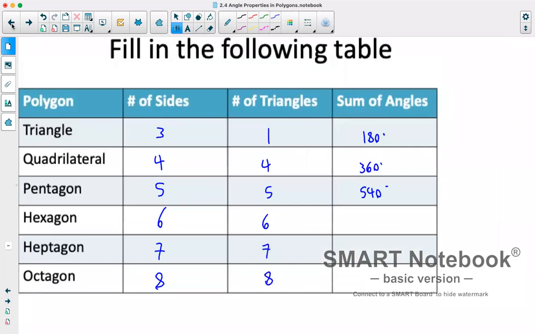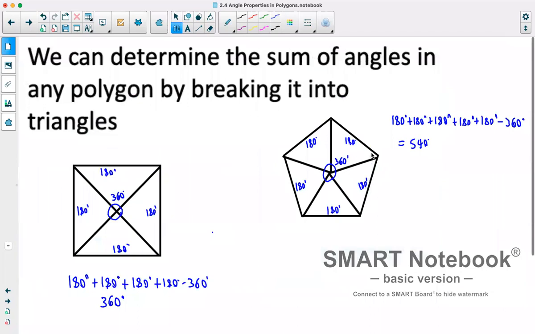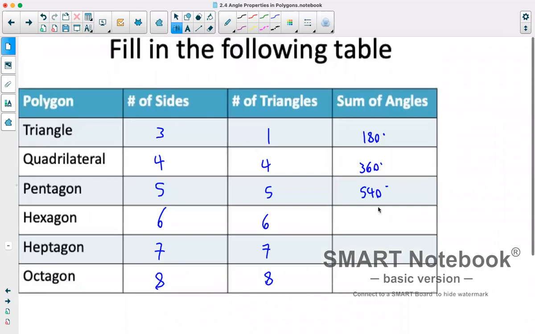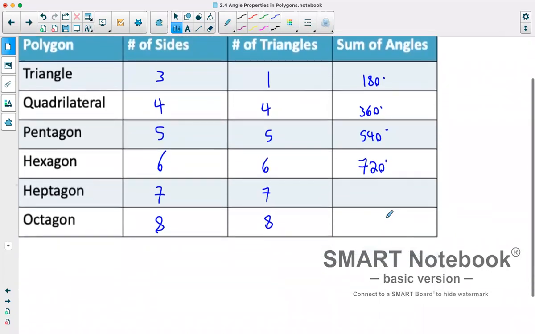Now, each time we're adding another triangle, that's adding another 180 degrees. So the difference between each of these is 180 degrees, which you will have noticed from this pattern here. So hexagons have 720 degrees. Heptagons have 900 degrees. And octagons 1080 degrees.